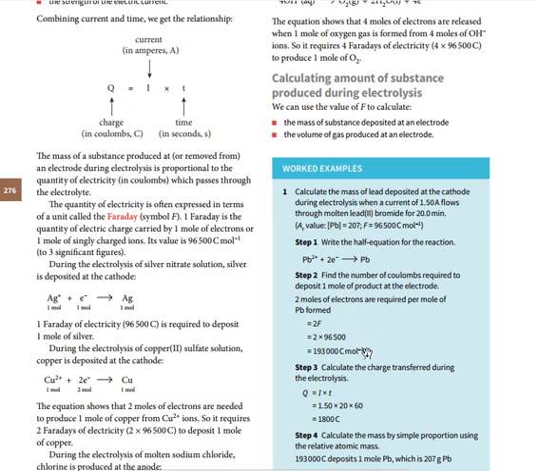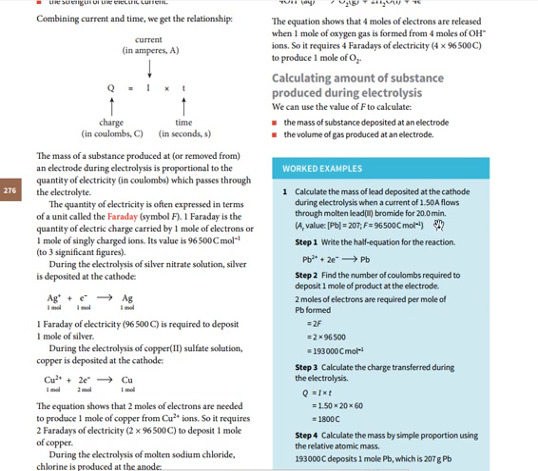Now when you have this total, you can say that this is the total quantity of charge that is going to be required to produce 1 mole of lead. In this circuit, we have used a current of 1.5 amperes and a time of 20 minutes.